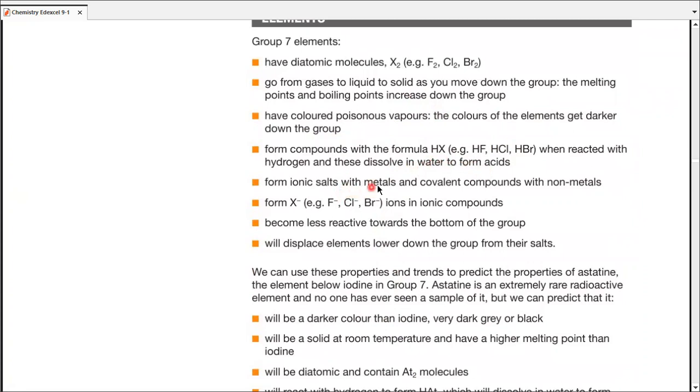They form ionic salts when they react with metals, and they can form covalent compounds when they react with nonmetals, and they react with both. They usually gain one electron and become X negative ion in ionic compounds: fluoride, chloride, bromide, the naming pattern. They become less reactive when we go from top to bottom in the group, which means fluorine is the most reactive and iodine is the least reactive when only the first four are considered.